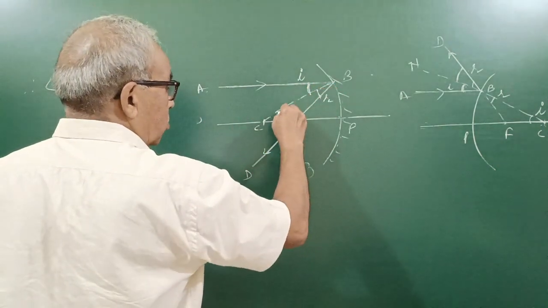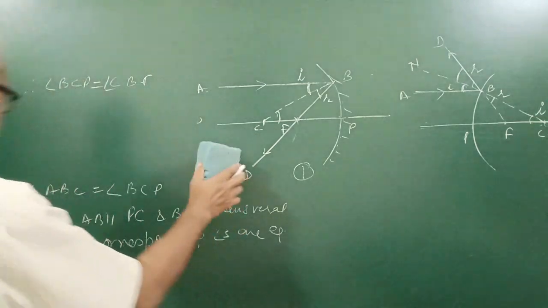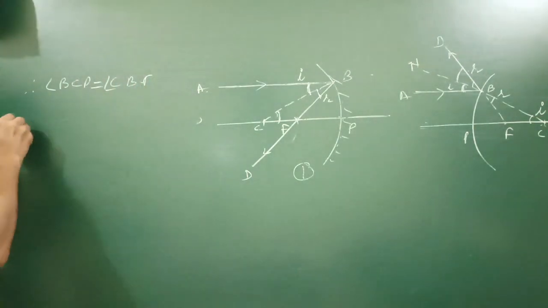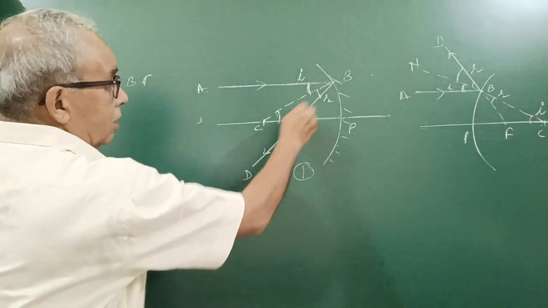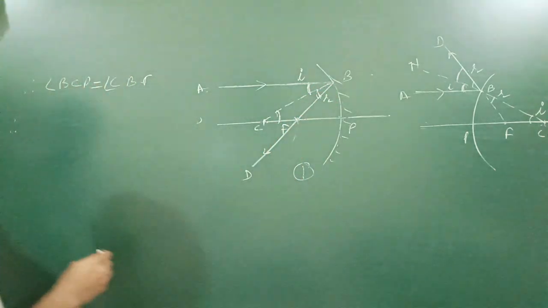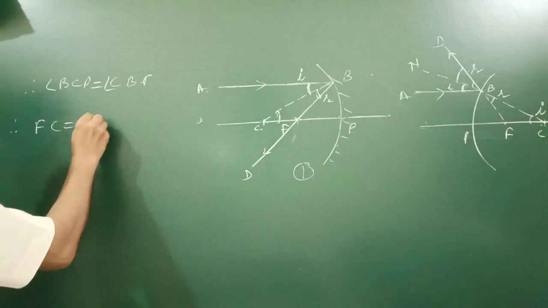These angles are equal. In a triangle, when sides are equal, the angles opposite are equal, or conversely, and hence the side opposite to the angle, this is BF, opposite this is FC, and therefore FC is equal to BF.